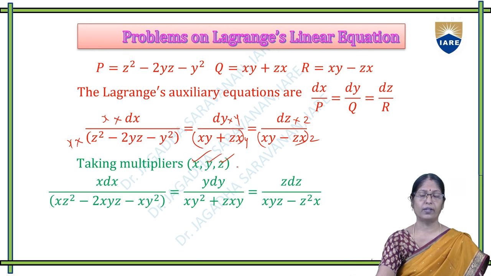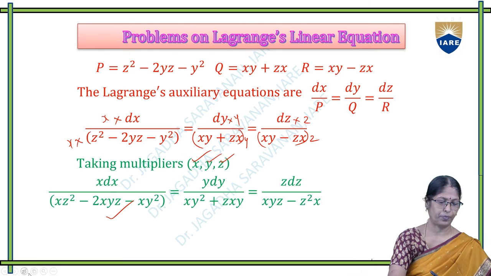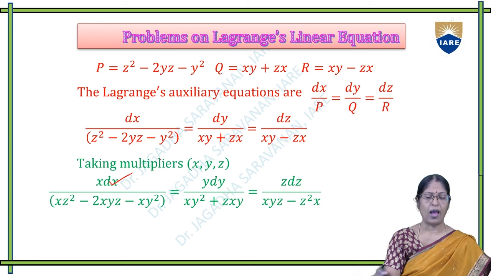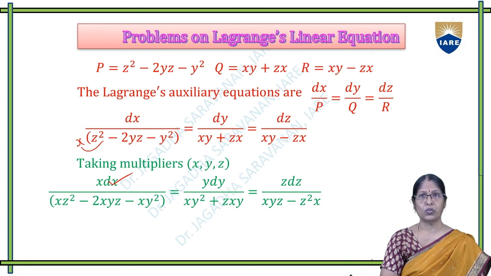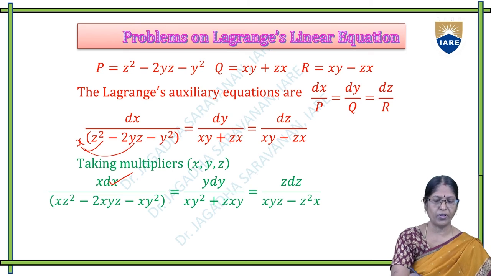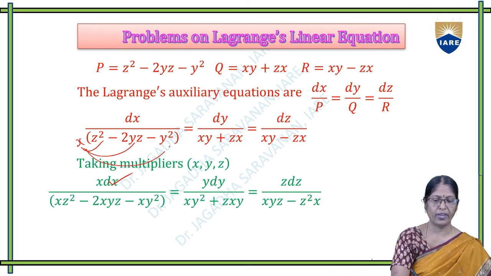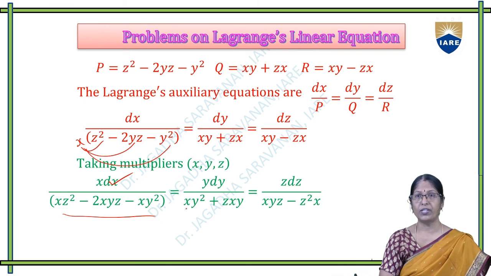So we can see the multiplication is completed. Here x dx, and x is there, we are taking inside: xz square, and here minus 2xyz, here xy square. So the first member's work is completed.